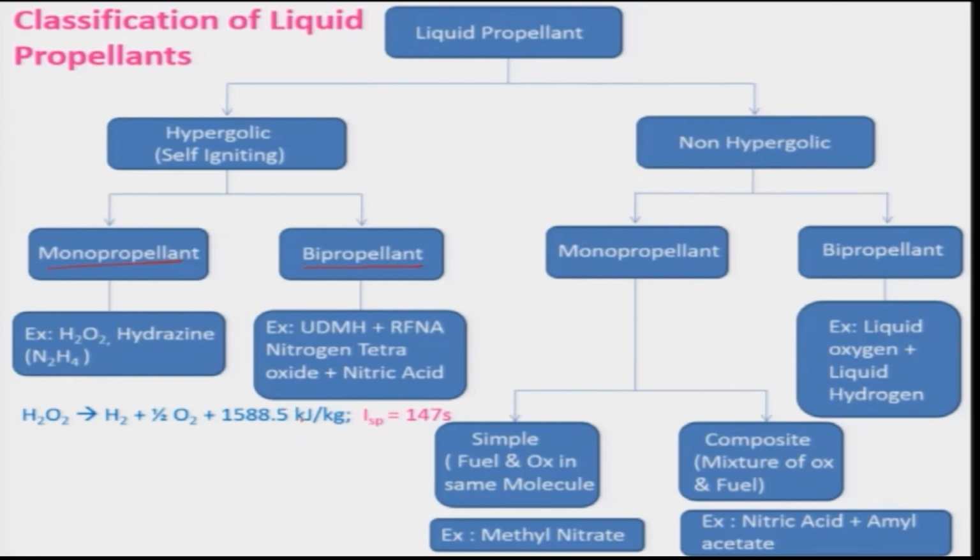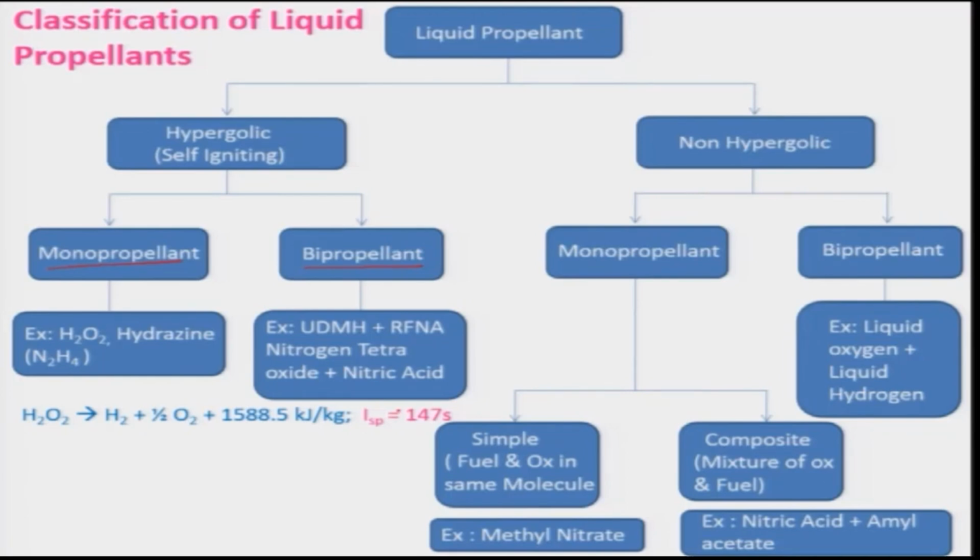And thus with this very simple monopropellant one can achieve an Isp of 147 seconds. Of course, this is a very simple system, nothing is really required except a combustion chamber and nozzle, and that is why it is being used, but its application is very limited because of the fact that it has a very low specific impulse.